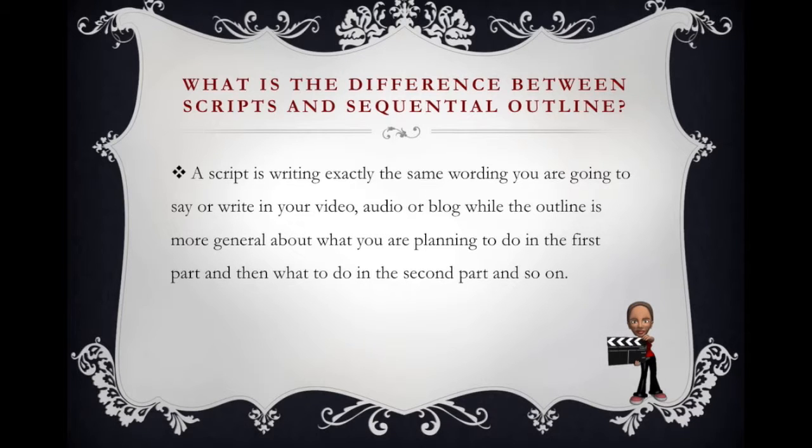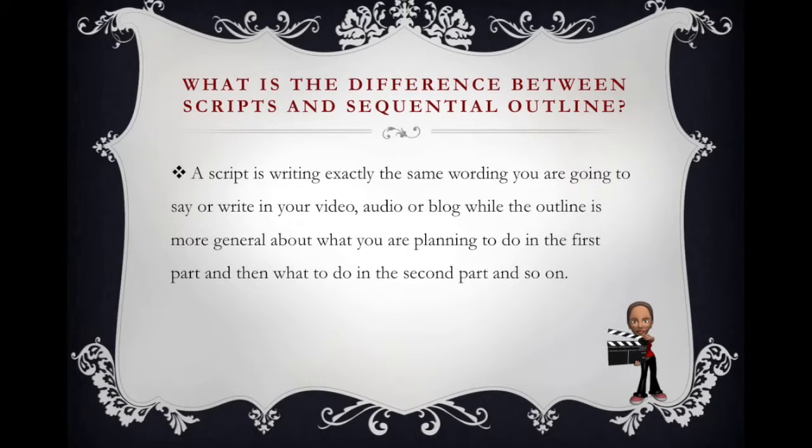An example of that is when I create these videos for this workshop. When writing a sequential outline, I write that in the first slide, I would like to say an introduction about what we are going to discuss this week. In the second slide, I'm going to say a definition of analyzing or evaluation or whatever.